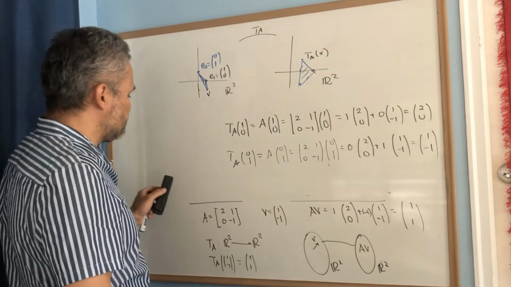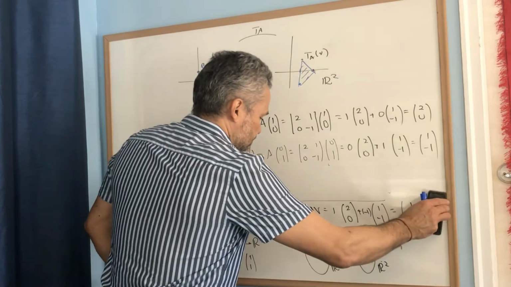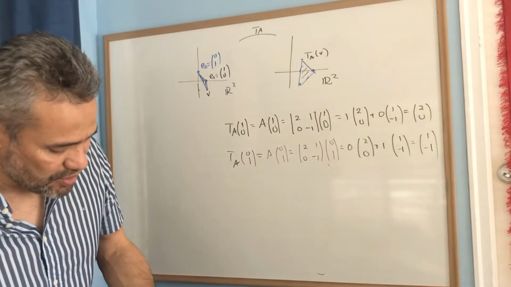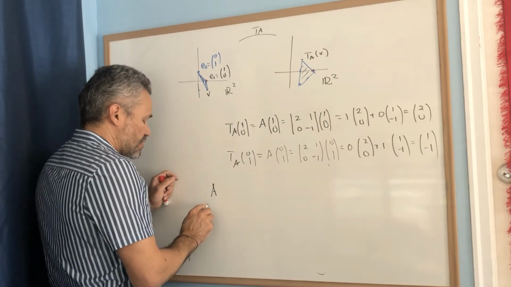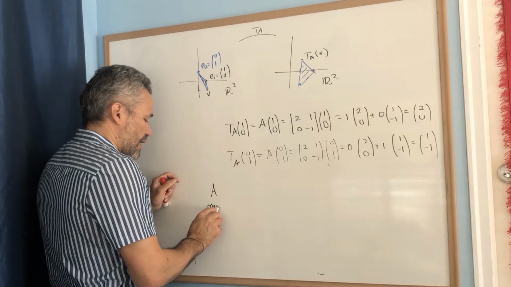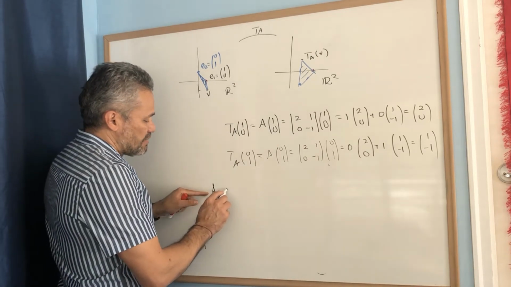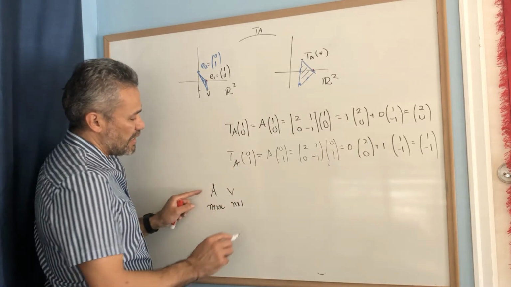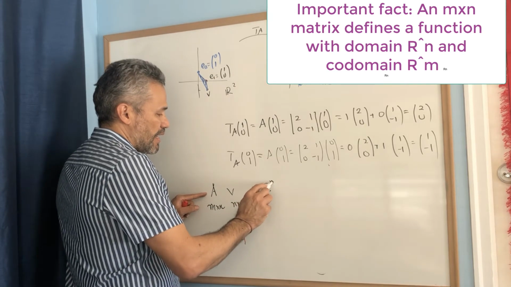In general, let's suppose that we have a matrix A, and the dimension of this is m by n. Then it makes sense to multiply this matrix with a vector n by 1. And you see that you will get a vector in Rm.